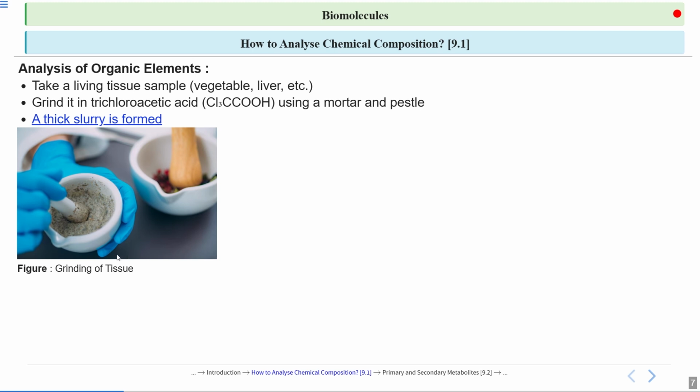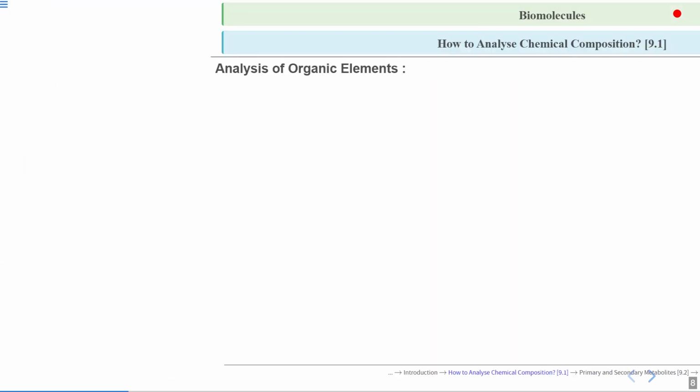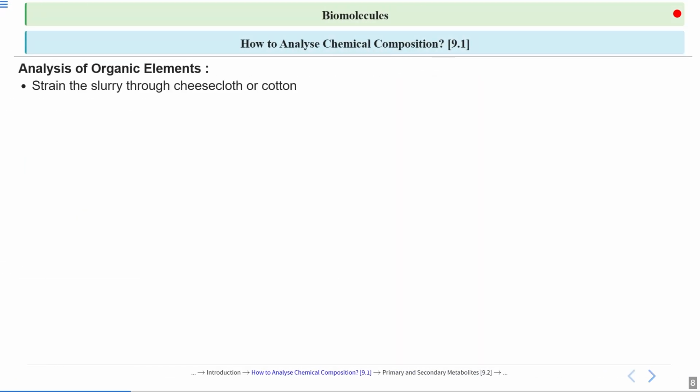Like you grind spices at home, for the living tissues in the labs we use pestle and mortar. So here a thick slurry will be formed. Okay, now you can strain this slurry through cheesecloth or cotton.